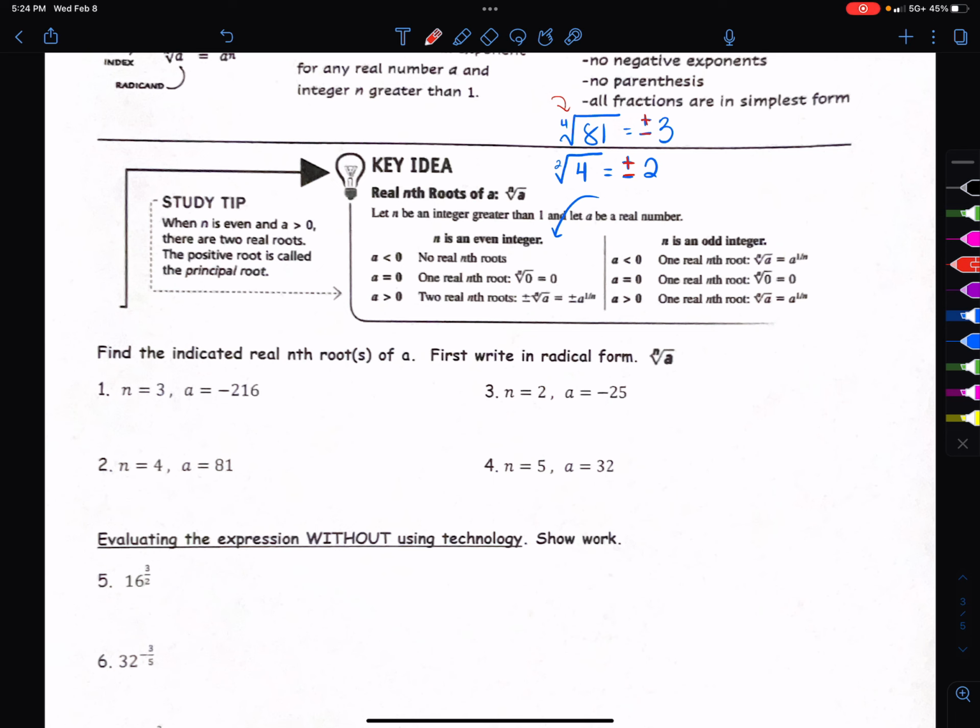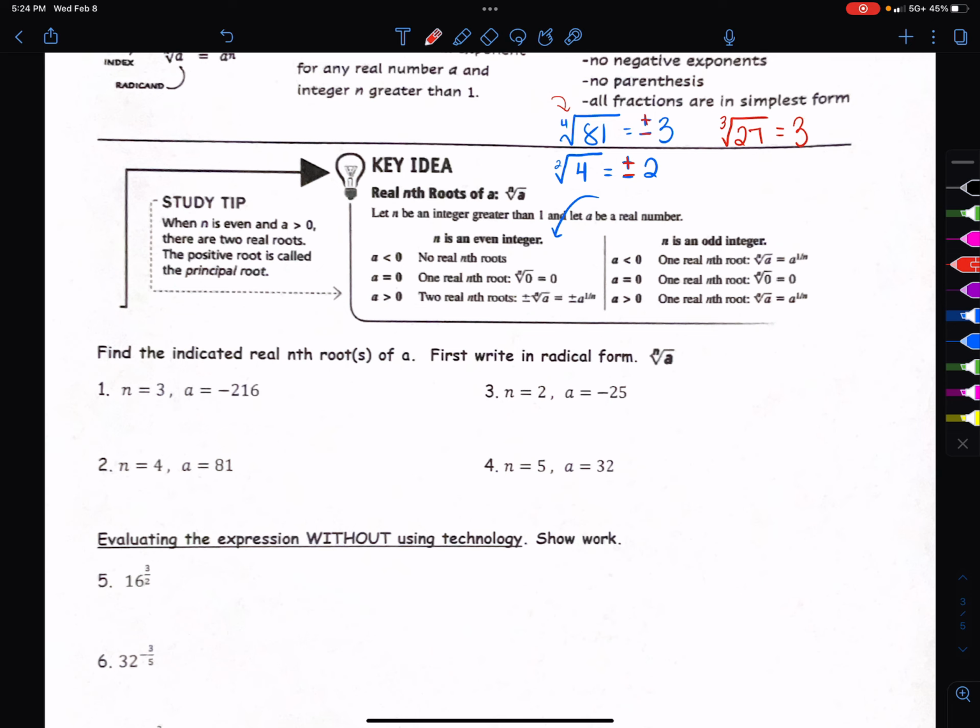All right, well, what if they didn't give me an even degree, but they gave me an odd degree? So if they said find the 3rd root of 27, this can only be positive 3, because 3 times 3 times 3 makes 27.